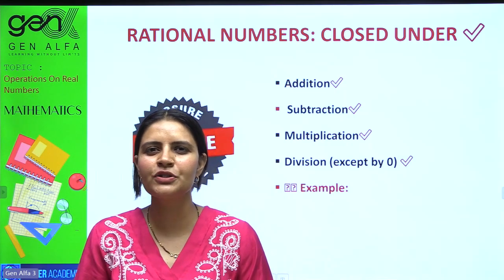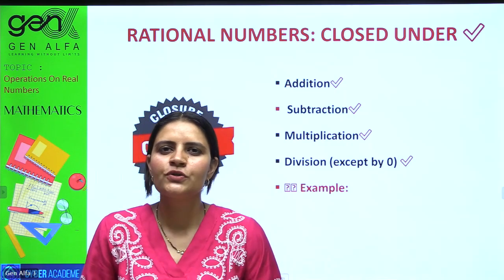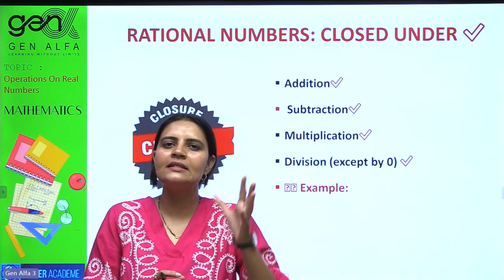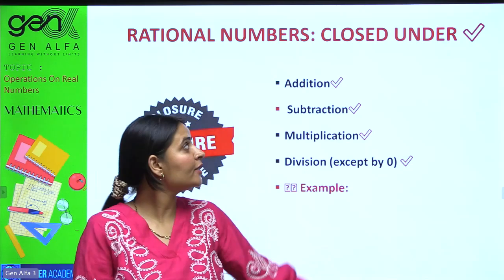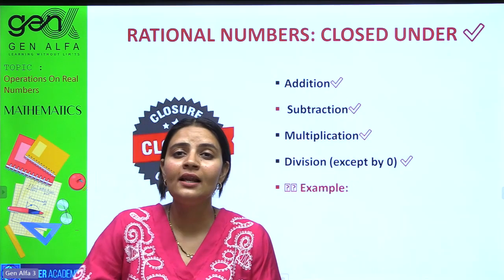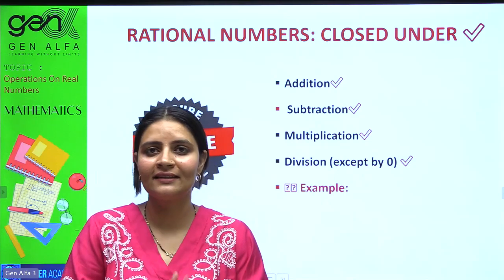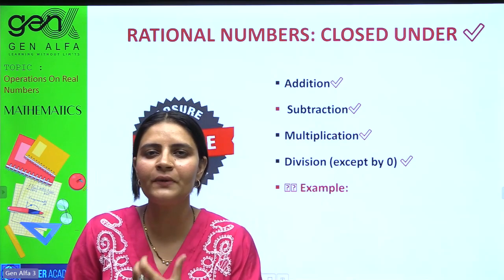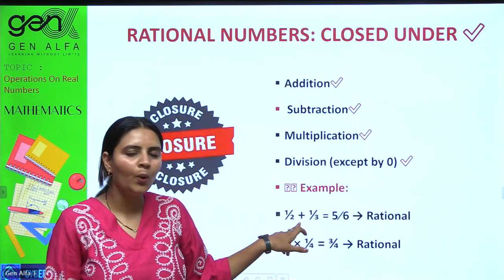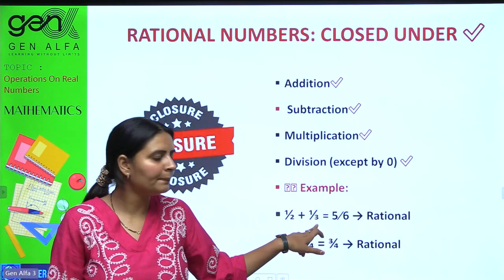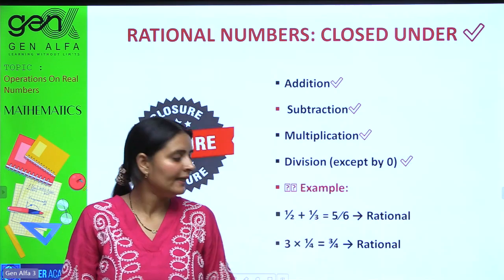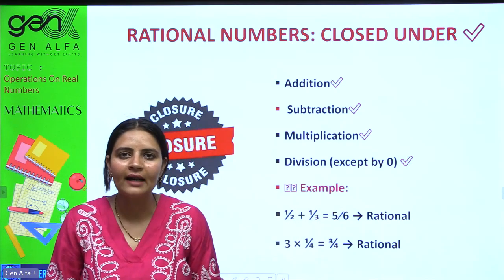So my point is, whatever operation you are taking, in the case of rational numbers, the set is still closed under that. That means closure property is satisfied. Let me just take these examples. 1 by 2 plus 1 by 3, giving you 5 by 6. 1 by 2 is your rational.